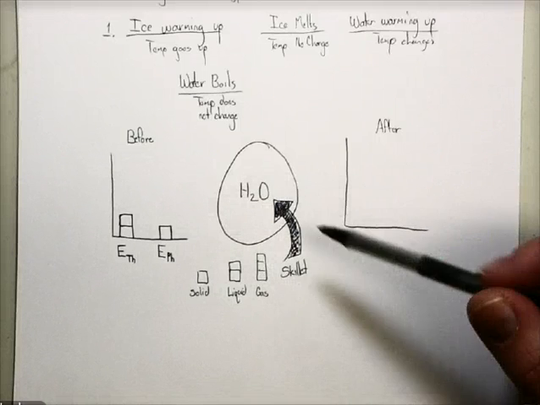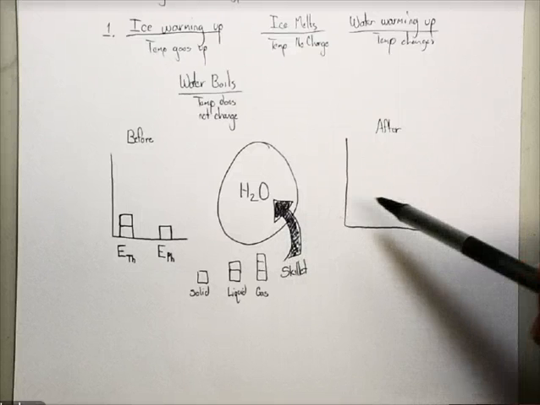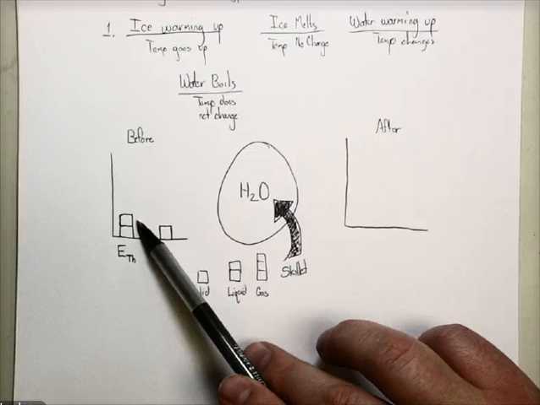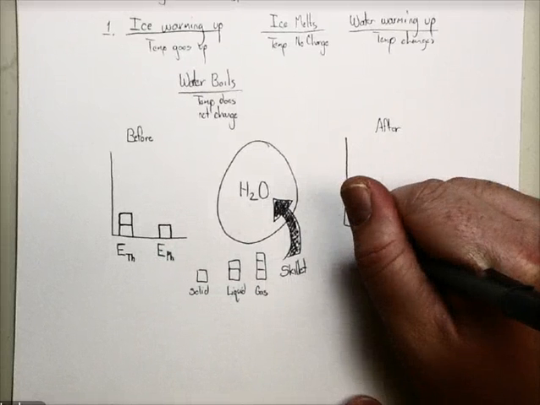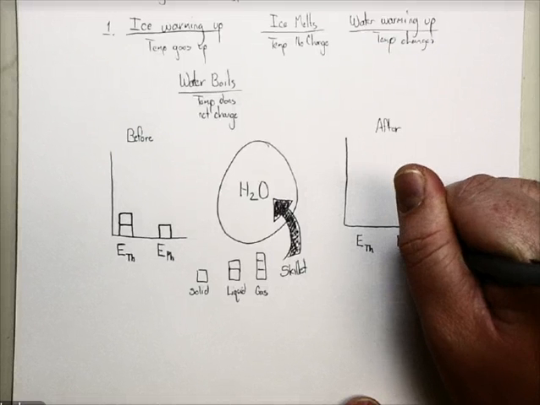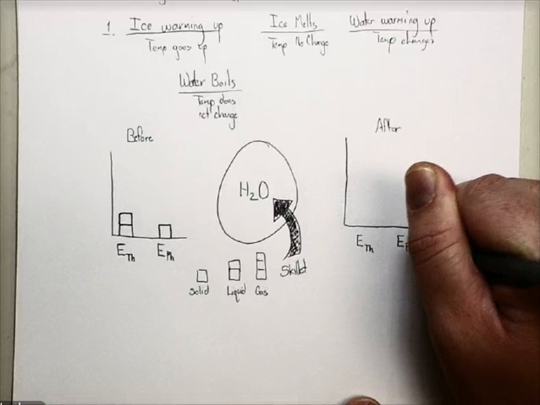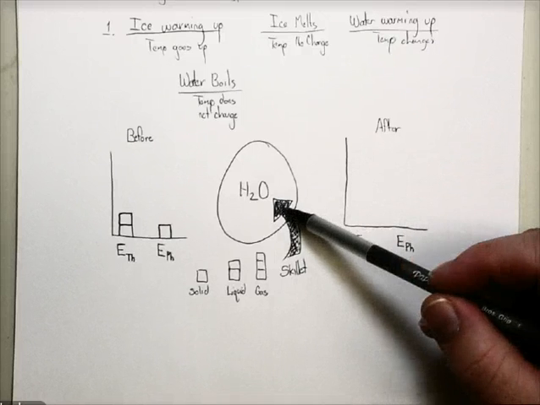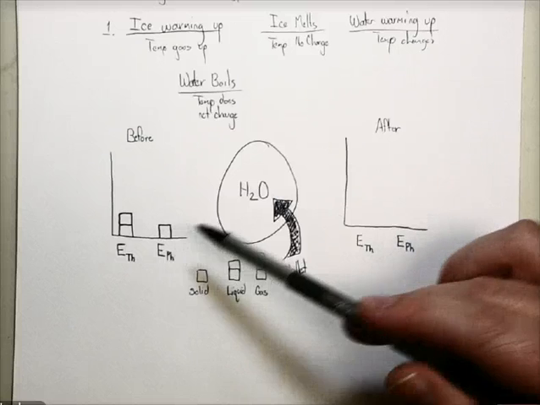Now, I've added energy, which means in my after situation, I have added blocks to this. What this graph is going to be able to tell me is where that heat goes, because remember, once the heat energy arrives at the object, it's no longer called heat, we have to call it something else. We have to decide if that heat is going to be stored as thermal energy or phase energy.